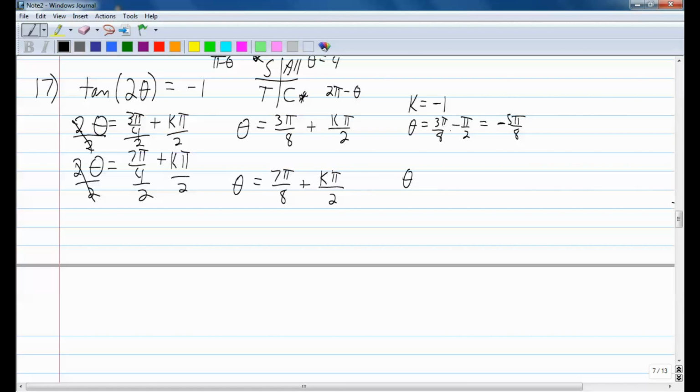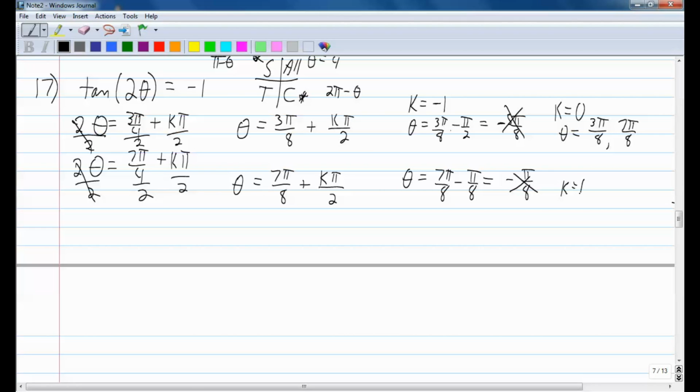Then if I let k equal negative 1 there, I'm going to get a negative pi over 8. So those two answers are less than 0, so they're not included. Now step k up and let k equal 0. So if k is 0, you get 3 pi over 8 and 7 pi over 8. So that's two of your answers for sure.